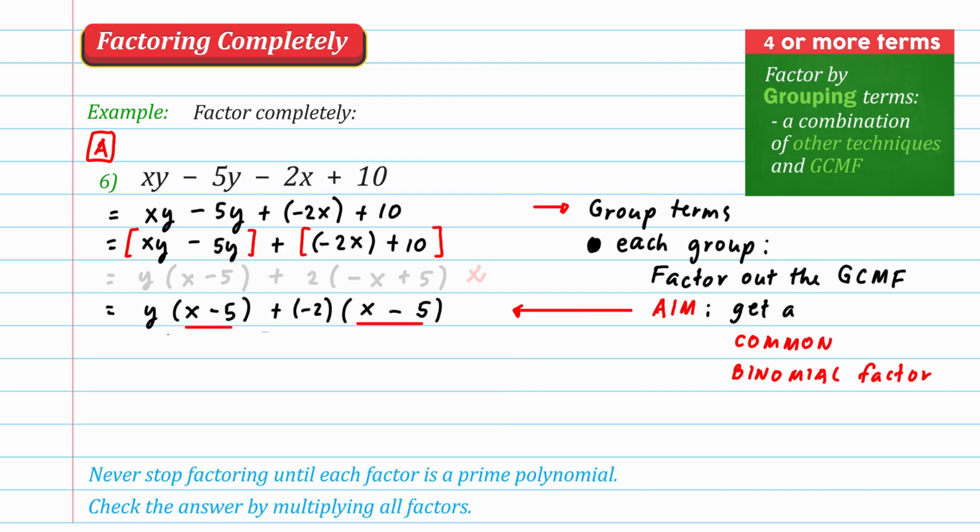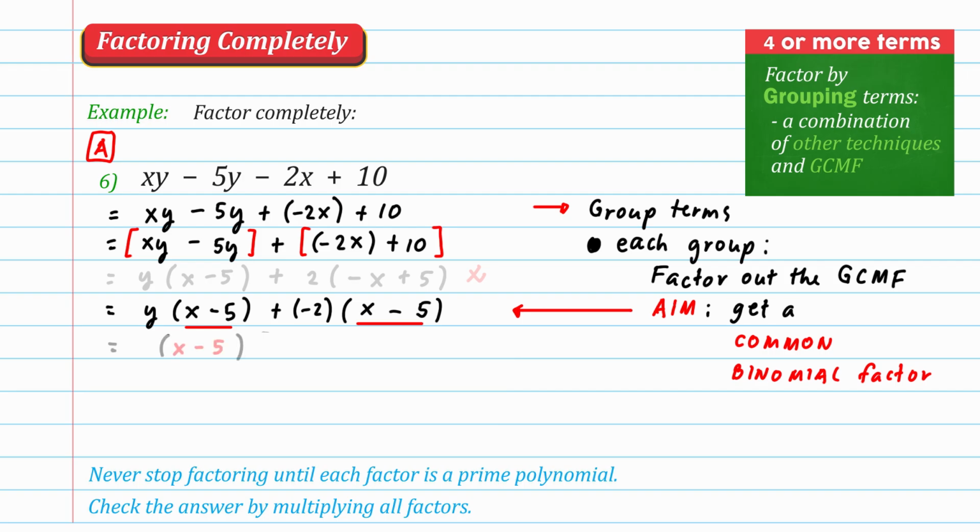But our full expression is not yet completely in factored form since we still have a plus sign here. But since we have successfully created a common binomial factor x minus 5, this is the final step in grouping.